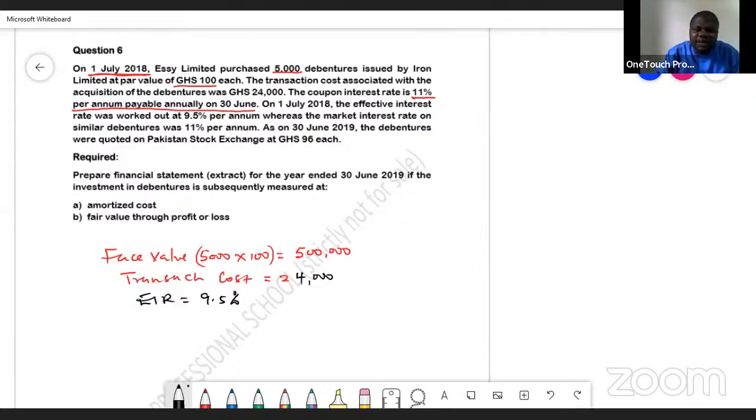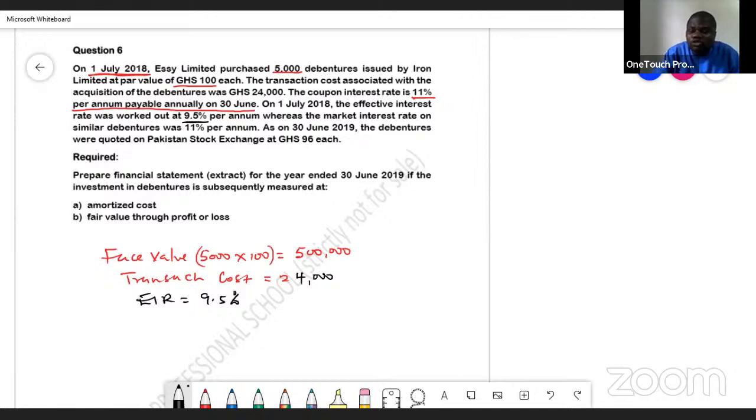We don't care about that. We care about the fact that the effective interest rate, based on the transaction cost and everything, is 9.5. Don't use the 11%, use the 9.5.